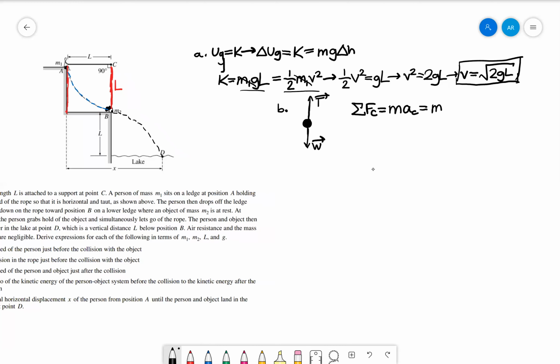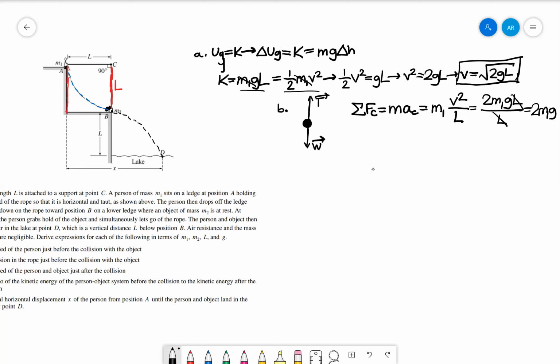So our mass m1 times v squared over L, where L is the radius of the circular blue dotted path that I outlined. That becomes 2m1gL over L. We cancel L from the numerator and the denominator, and the net centripetal force has to be equal to 2m1g.